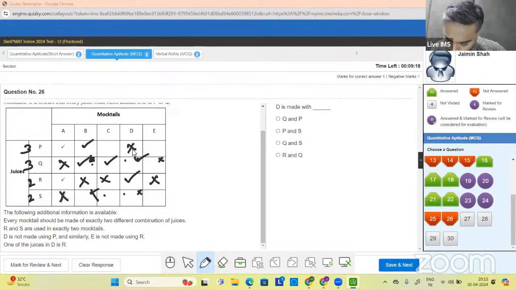Now इसमें दो टिक आ गए तो ये ऑलरेडी क्रॉस है. इसमें दो क्रॉस है तो ये दो टिक होने जरूरी है. S में दो टिक होने जरूरी है तो ये टिक है और ये क्रॉस है. Okay, super. So now let me quickly mark the answer.